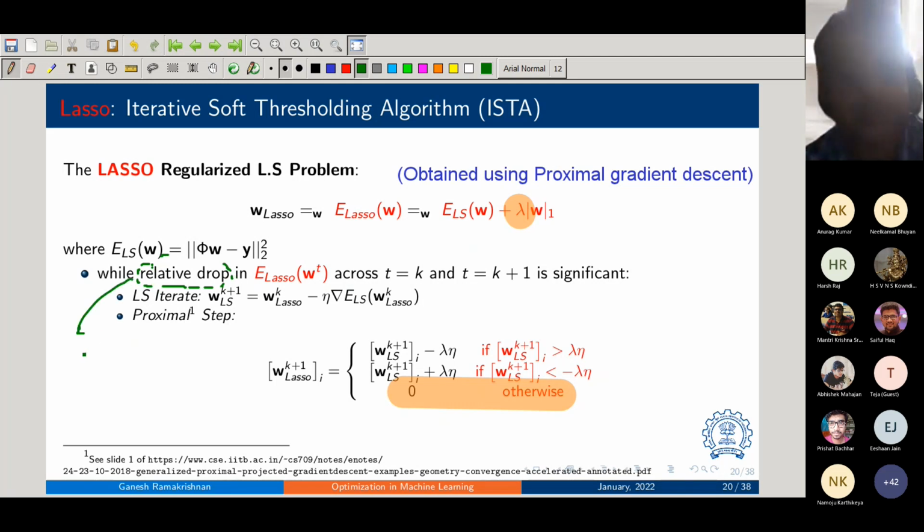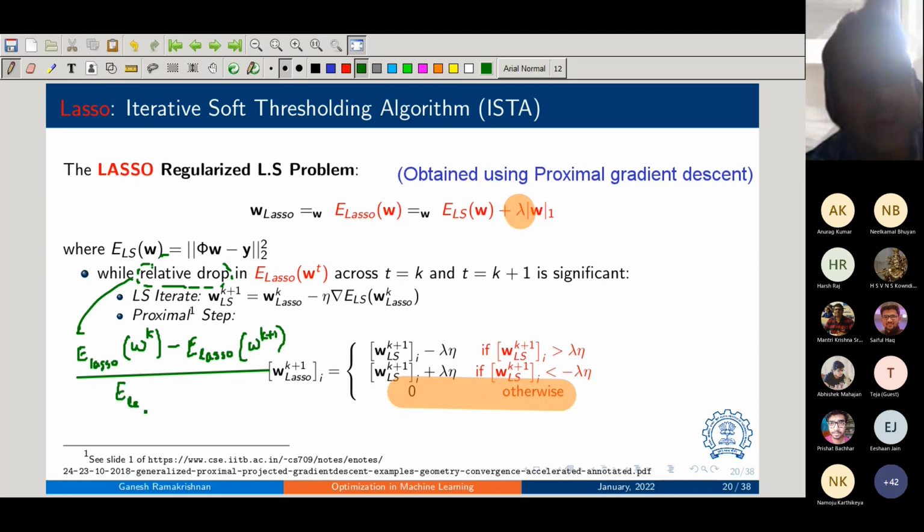You look at the lasso error in the kth step minus the error in the k plus 1 step, the whole divided by the lasso error at the kth step. That's where relative is coming in.